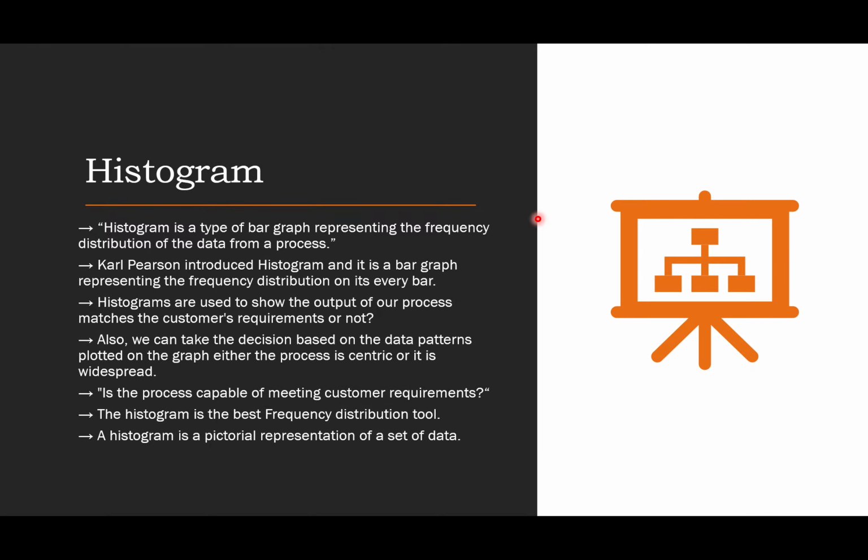So what is histogram? Histogram is a type of bar graph that represents the frequency distribution of data from a process. This is again a kind of graphical representation of your data points, but histogram basically talks about the frequency of distribution.